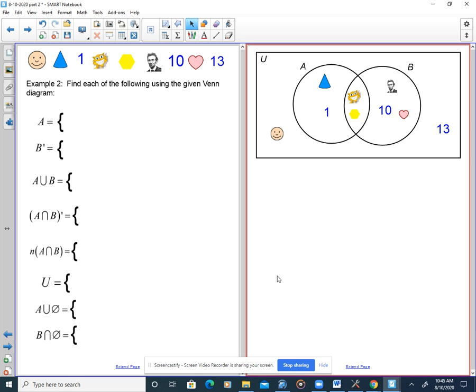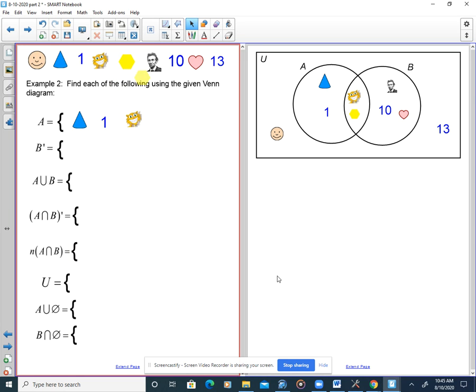So I want to find the elements that are in set A. Well, what's in set A? We got a cone. We have the number 1. We also have this picture of a cat, and we have the hexagon. So A would be these elements here.